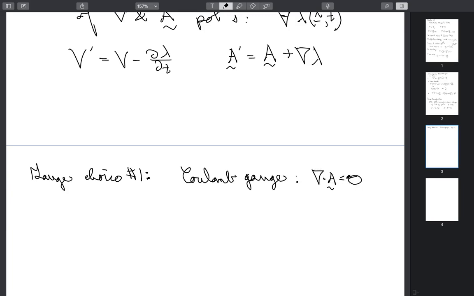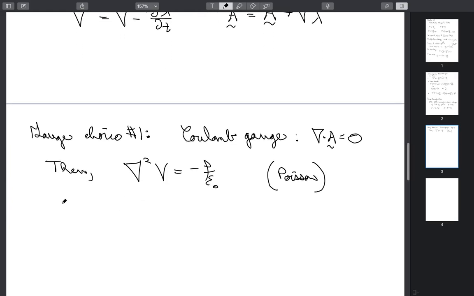So why is that simple? Then the first inhomogeneous equation that we had simply becomes the Poisson equation. Okay? And the solution for this, we already know.